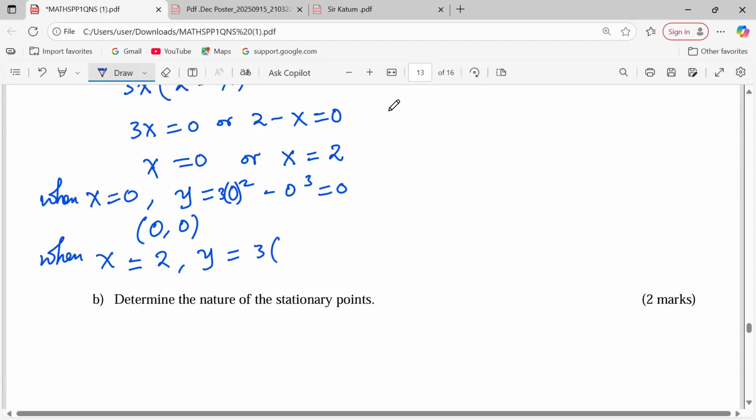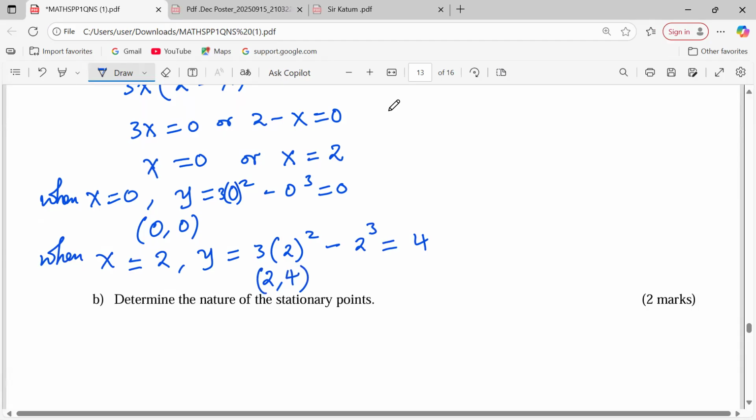So the value of y shall be 3 into 2 squared minus 2 power 3, giving us positive 4, meaning that this other coordinate is 2, 4.